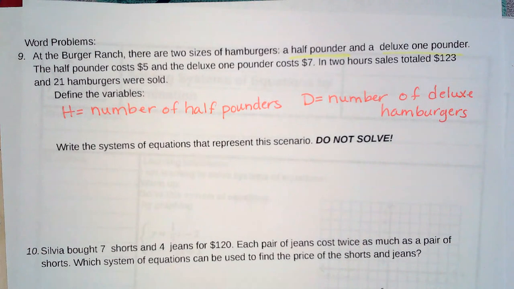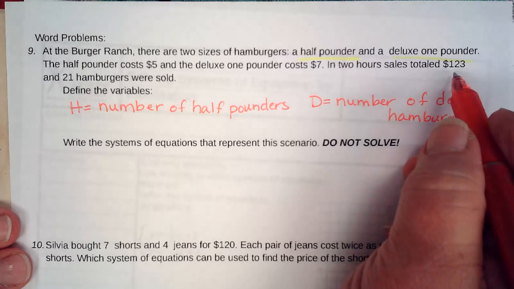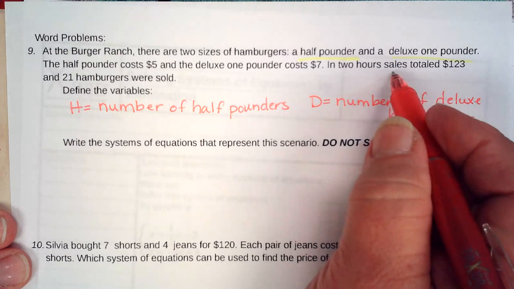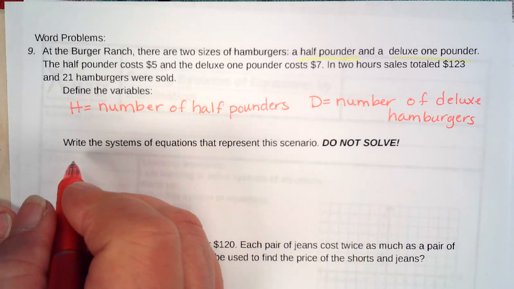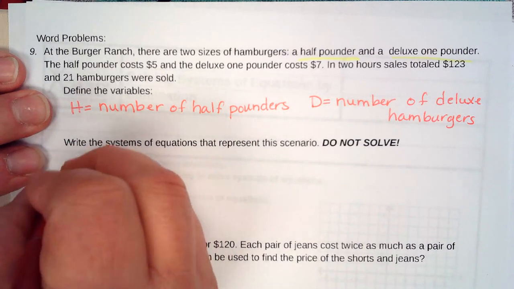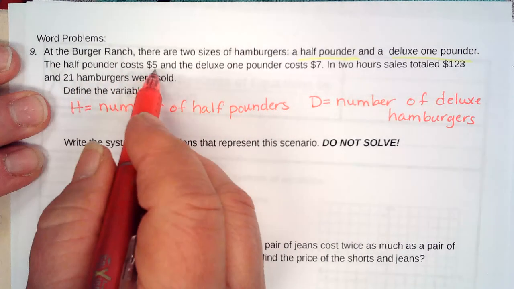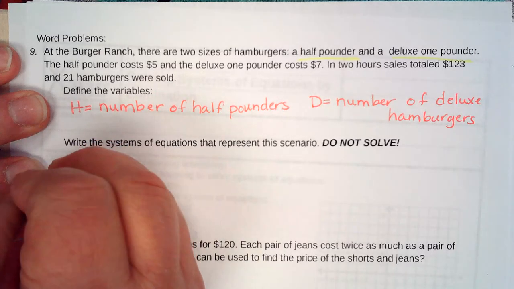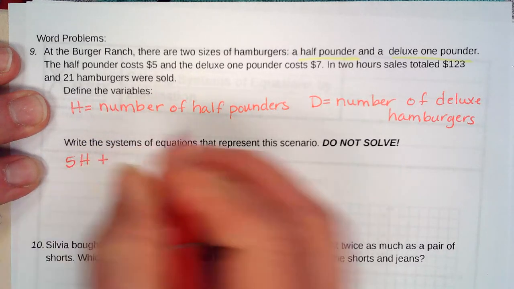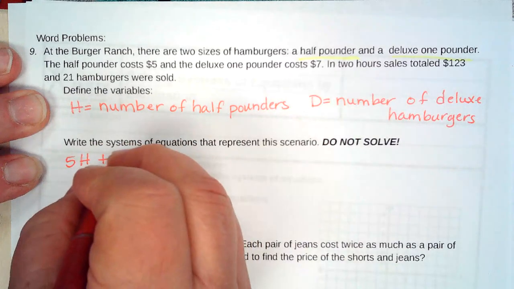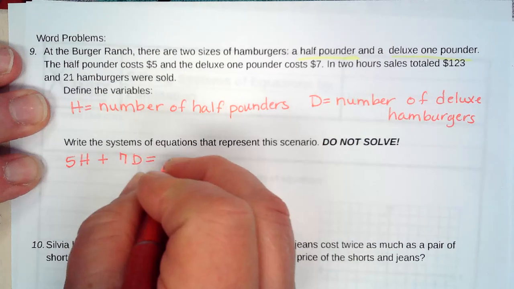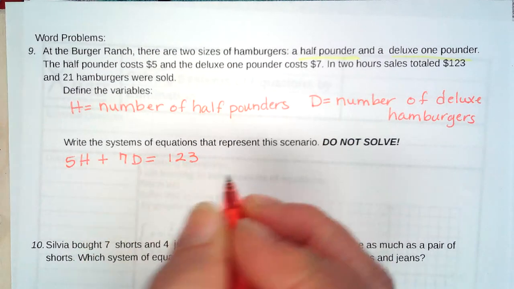Okay, write a system of equations that represents this scenario. You don't have to solve. So, what do I know? In 2 hours sales totaled $123. We don't know the number of each, but we do know that the first one costs $5, so that would be 5H plus the deluxe costs $7, 7D, and a total of $123 was sold.